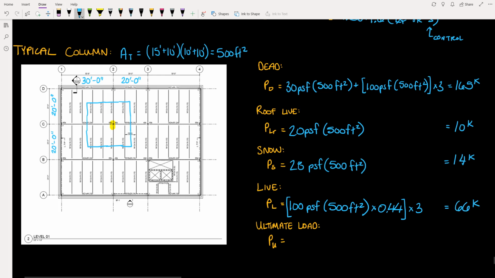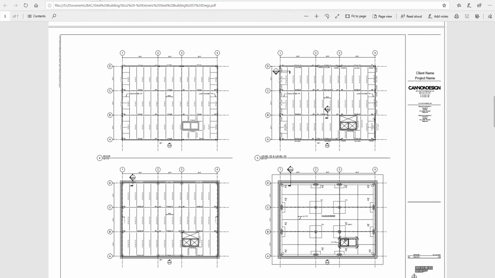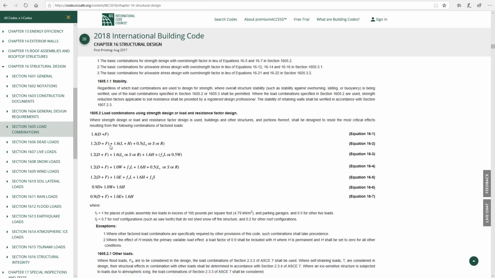Now for this column, we have both roof live load, snow load, and floor live load that we need to combine into an ultimate load. So let's look at our load combinations again from the IBC. And we can see here that we have 2 options.